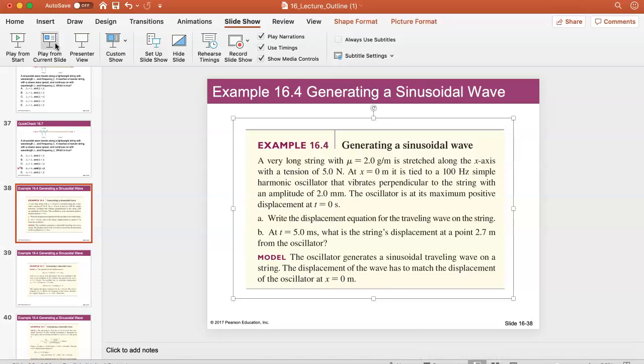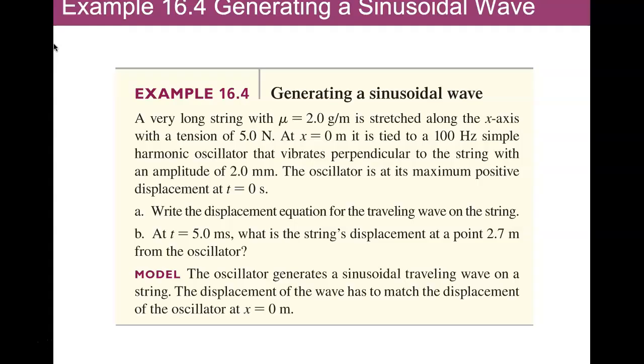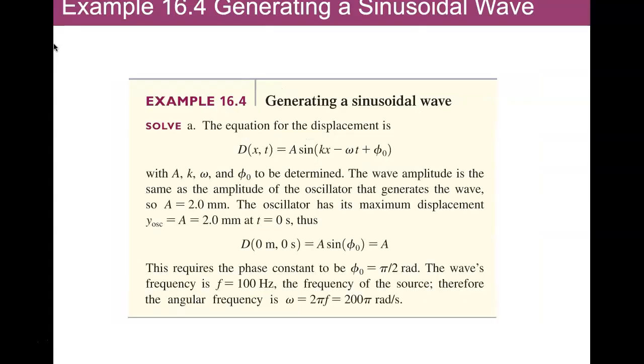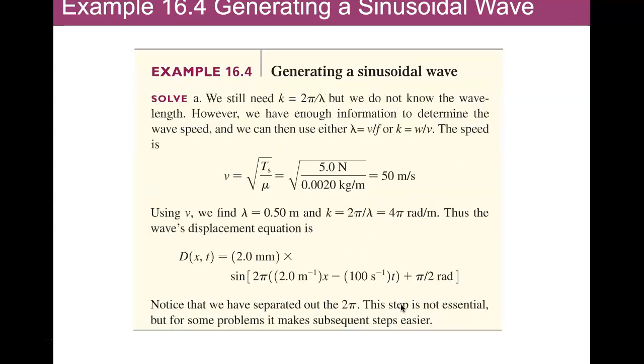All right, so let's take a look at the solution together. Yeah, that's the general form that we can write. So phi naught from the initial condition we know becomes pi over 2. Omega we can calculate because we know the frequency.